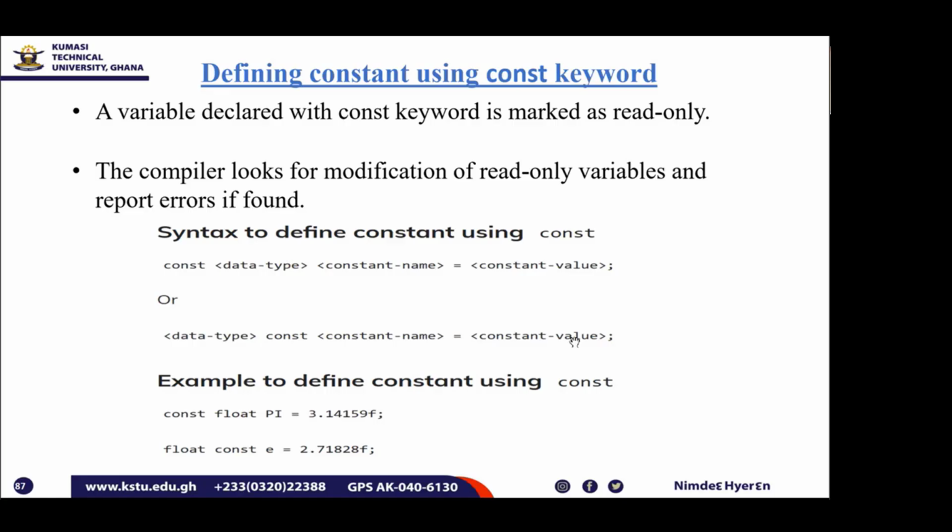So for an example, we can have constant float pi equals 3.14159f. Or we can have float constant e equals 2.71828f. So these are all ways of defining constants.